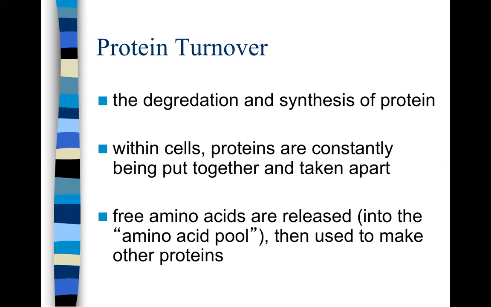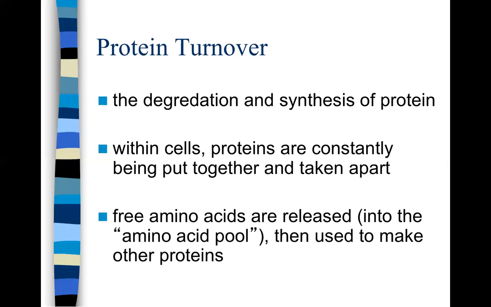When we break down proteins, the amino acids go to what's called an amino acid pool, and it's not a literal swimming pool, but it's a storage area for free amino acids from which our body can draw. So because we have an amino acid pool, if we're eating foods that don't necessarily have all of the amino acids we need, on a short-term basis, we can pull from that pool to get the complementary amino acids.